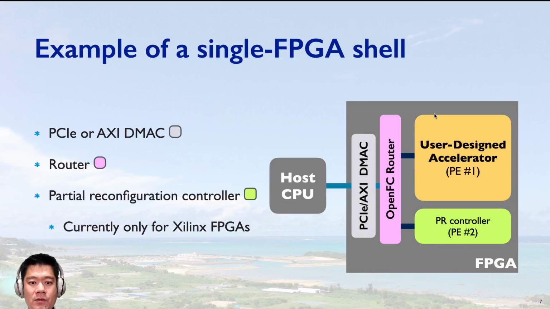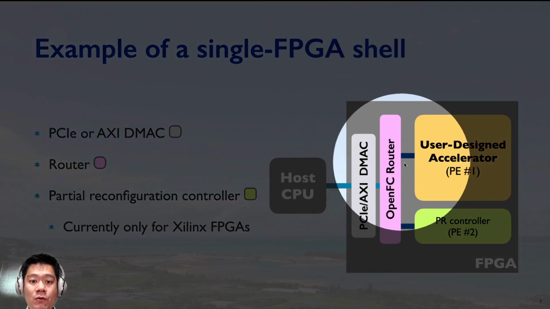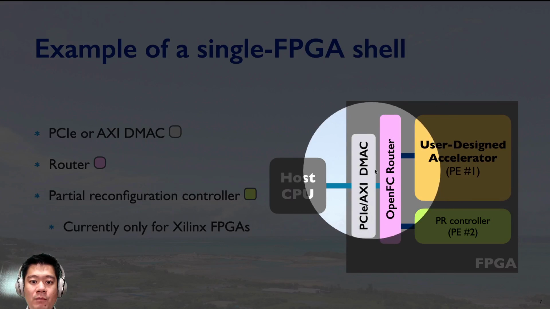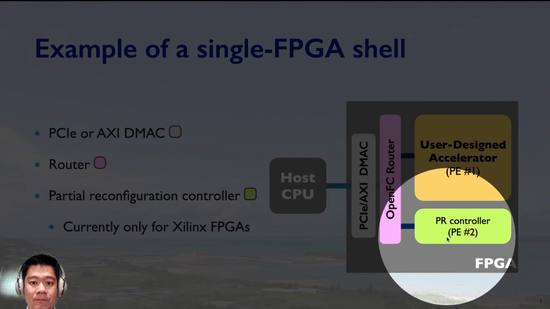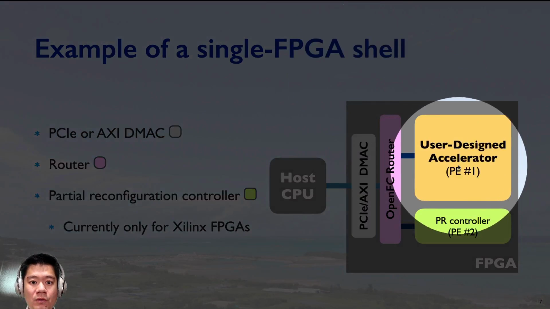Here is the organization of our single FPGA shell with PCI Express DMA controller, the router, and partial reconfiguration controller. There is a router at the center to connect the DMA controller and processing elements, or PEs. Users can design their own acceleration logic PEs.